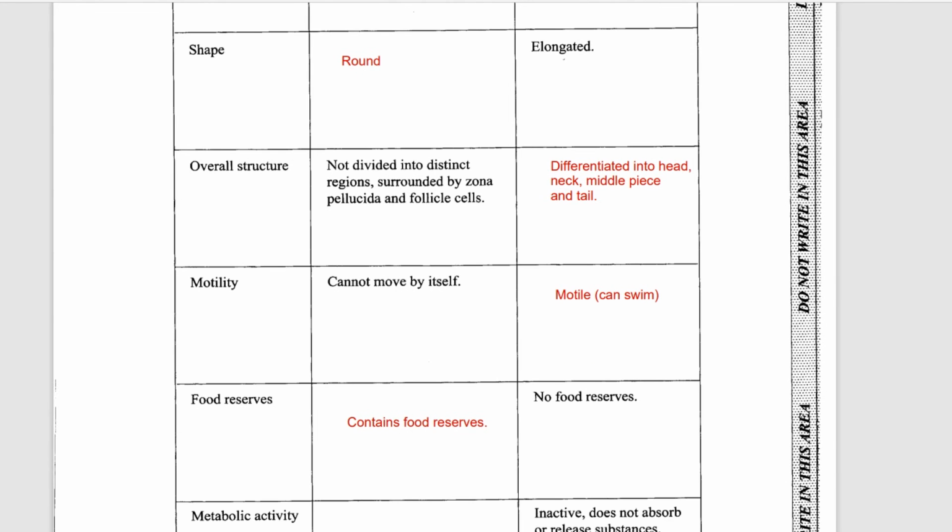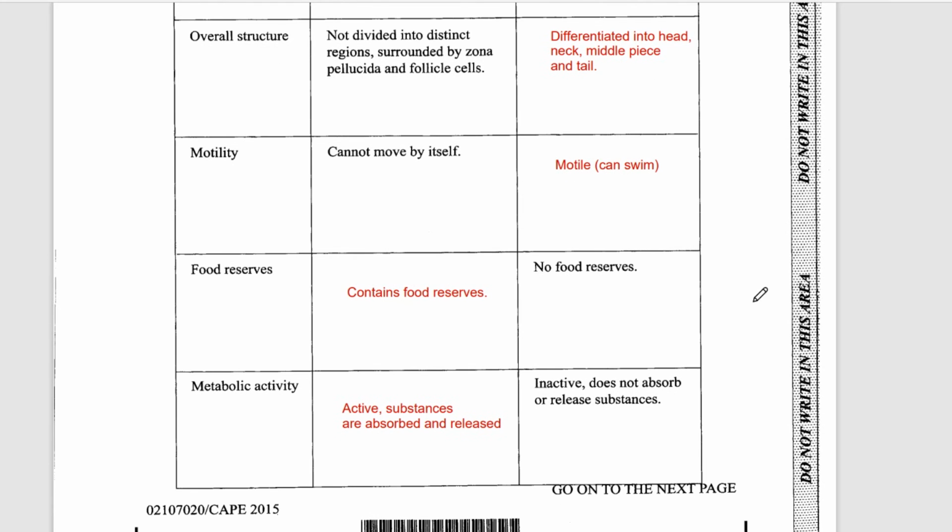Motility, that's basically the ability to move by itself. Well, the egg can't. Usually it is carried by the brushing motions of villi in the fallopian tubes, but the sperm cell can. It is motile, it can swim, it has a flagellum. Food reserves. So the sperm cell doesn't have any food reserve.